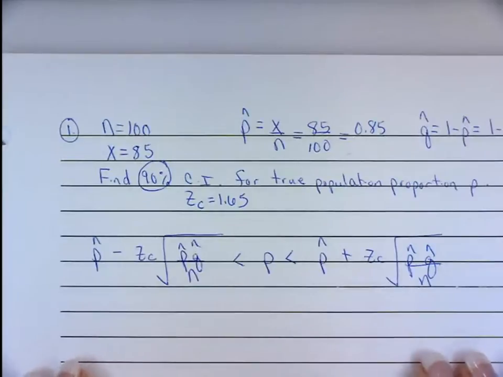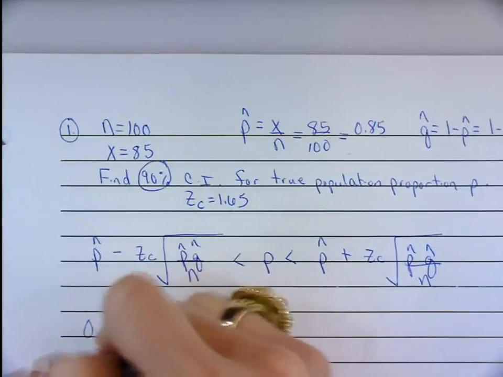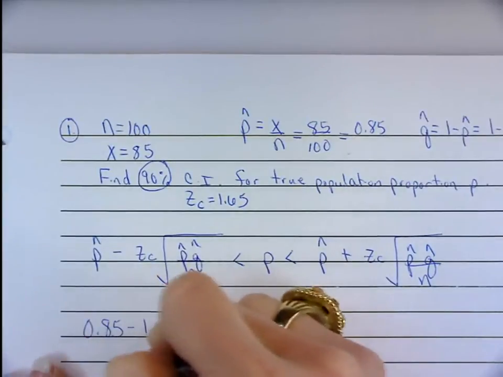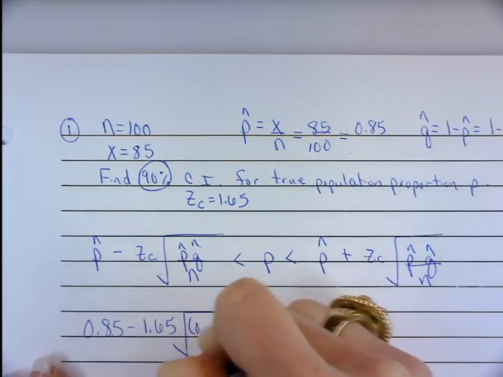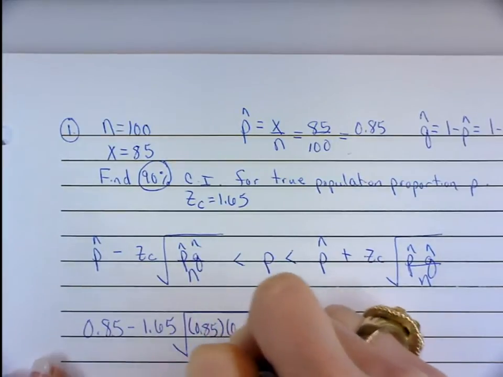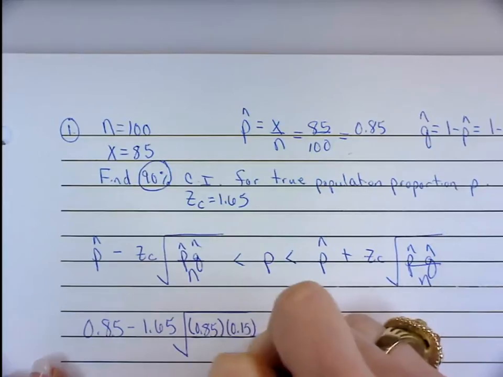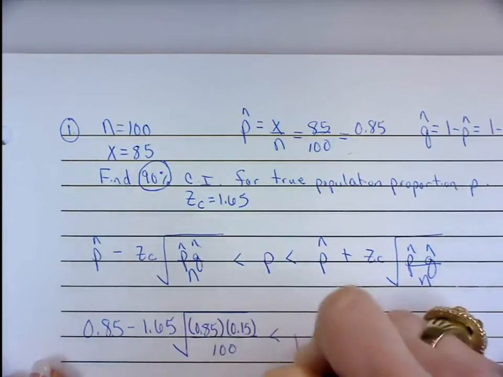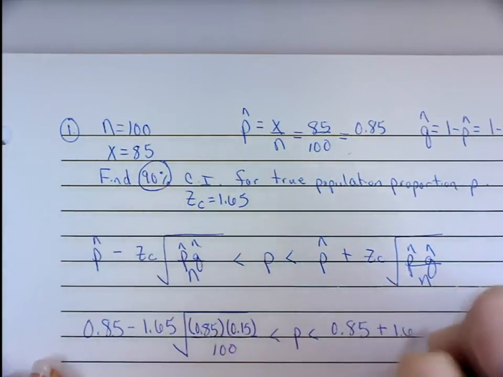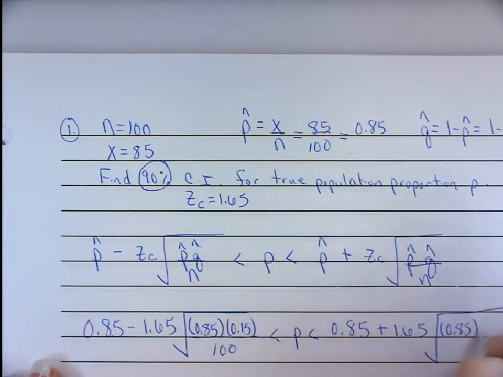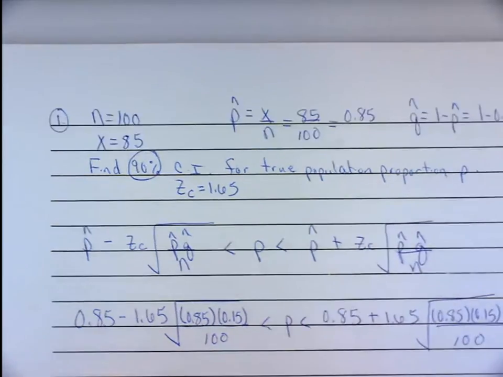Let's plug in. 0.85 minus 1.65 square root. Under the radical, put 0.85 times 0.15, all divided by 100. 0.85 plus 1.65, square root of 0.85 times 0.15, all divided by 100.